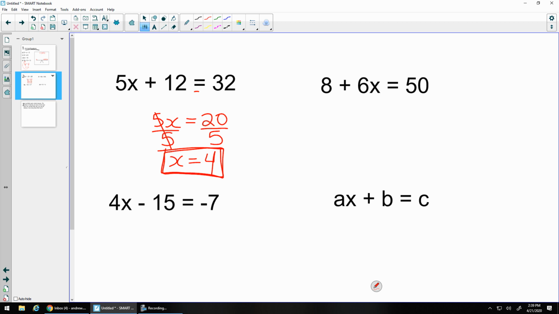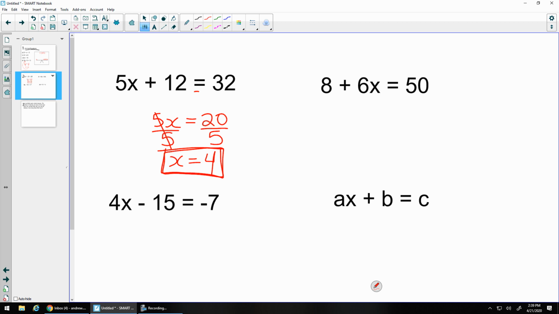Okay, so on the left side, I have 8 plus 6x is equal to 50. I have to get x all by itself. So first, since we're doing the opposite order of operations, I need to first do the opposite of what is being added or subtracted to it.